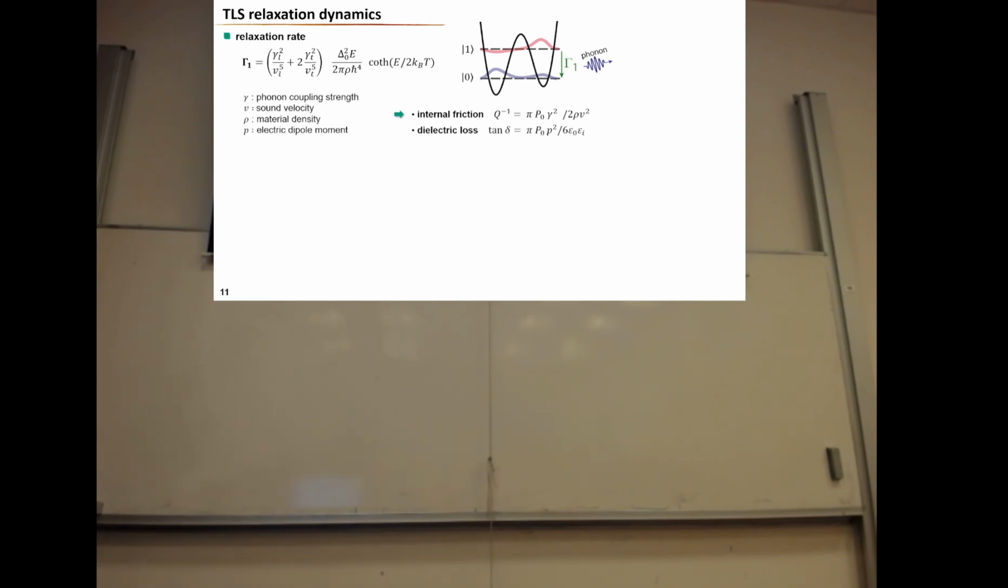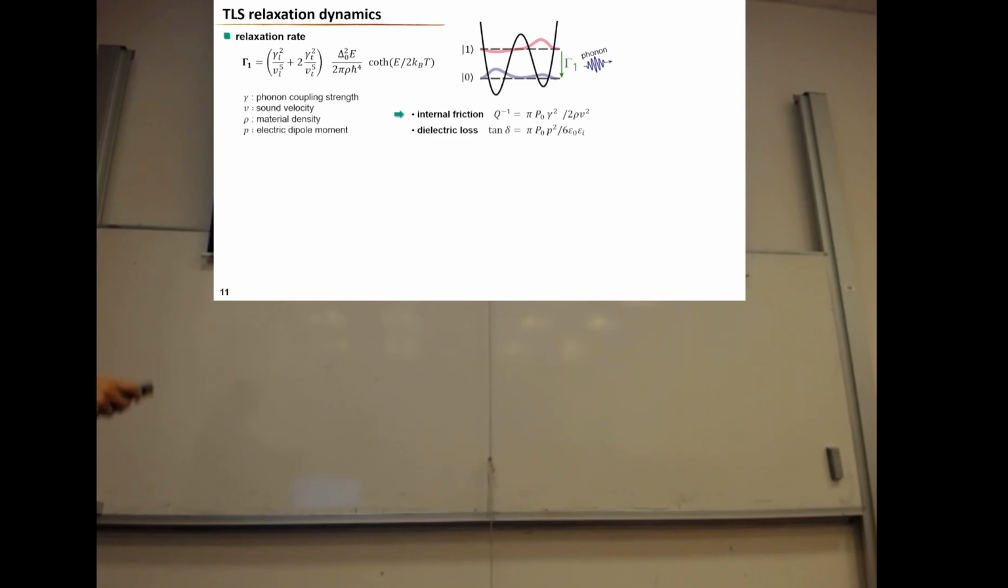You know it's always proportional to the square of some coupling matrix element, or some coupling strength. So you put here the square of this coupling to strain, the phonon coupling strength. This is just the phonon velocity in the longitudinal and transversal phonons. And you also see some temperature dependence here.